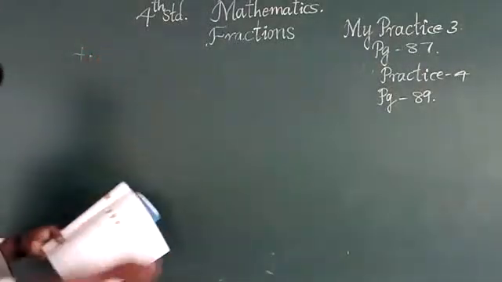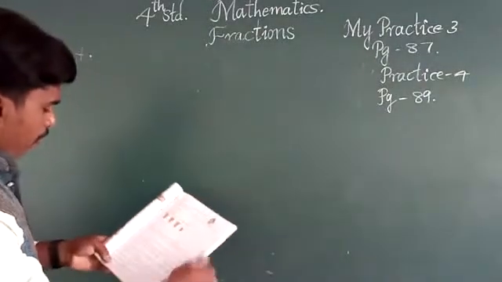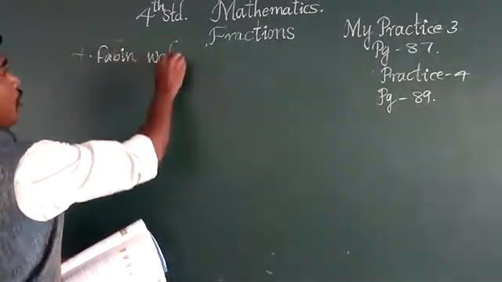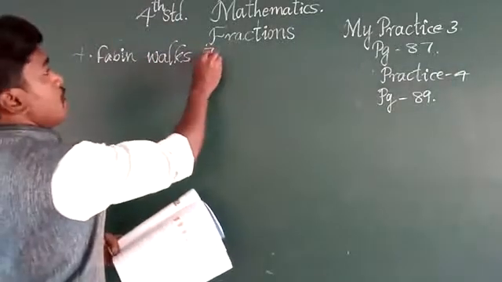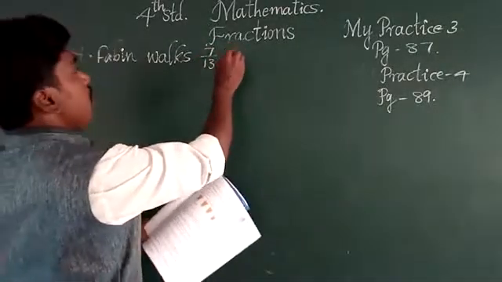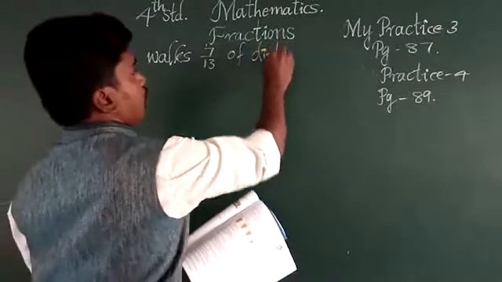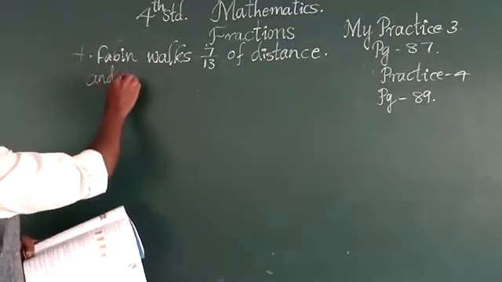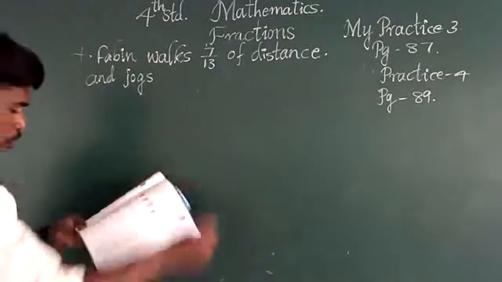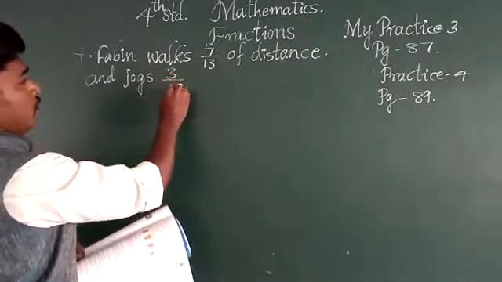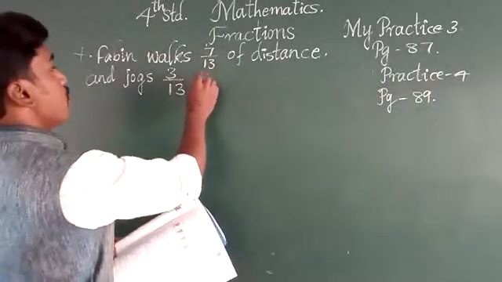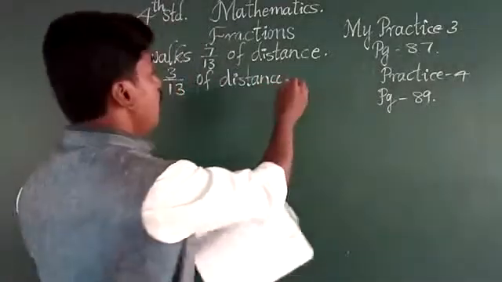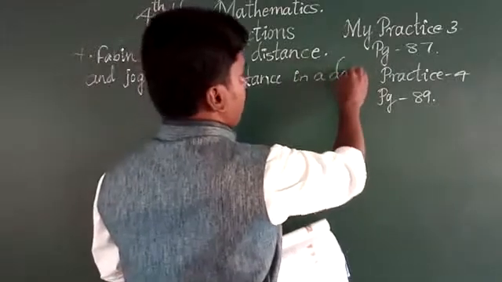See the fourth one. Fabin walks 7 by 13 of distance and jogs 3 by 13 of distance every day.